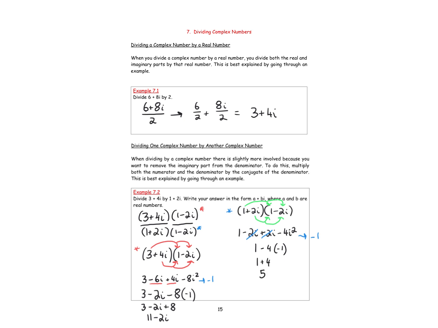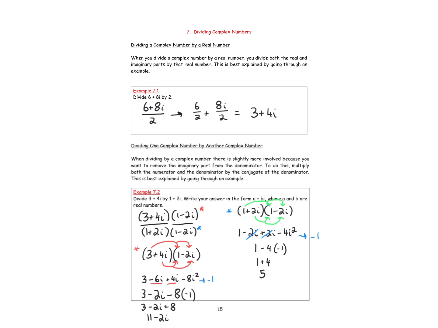Something to note here is you'll know if you're doing this question correctly if the i's on the denominator cancel out and you're left with just a real number. That real number could be 5 or 10 or even a fraction, but as long as the imaginary parts cancel out, you know that you're on the right track with your dividing a complex number by a complex number. To finish it off, I put the parts back together.